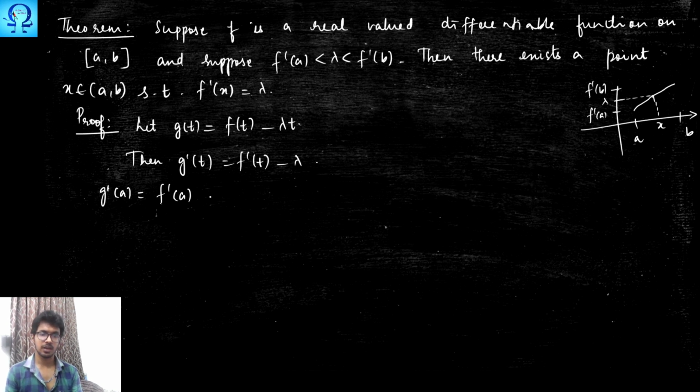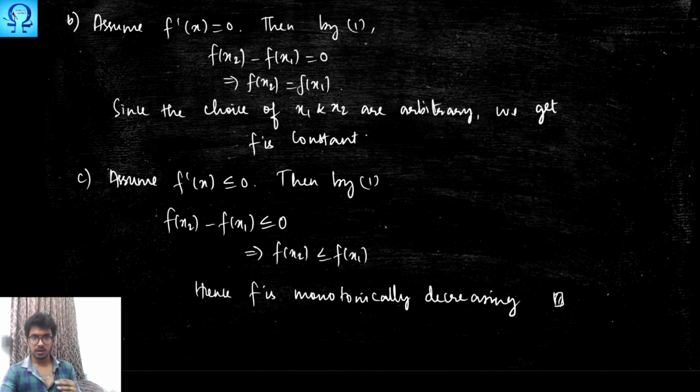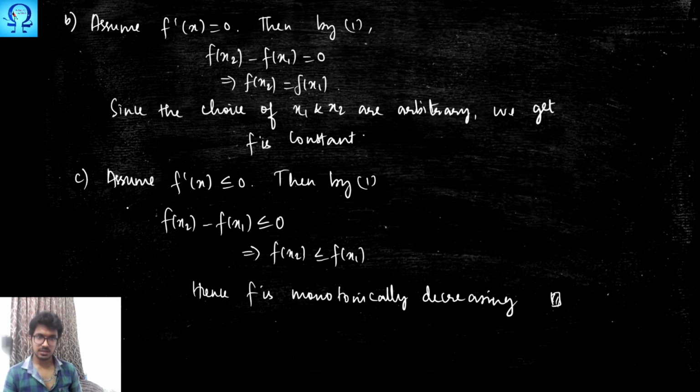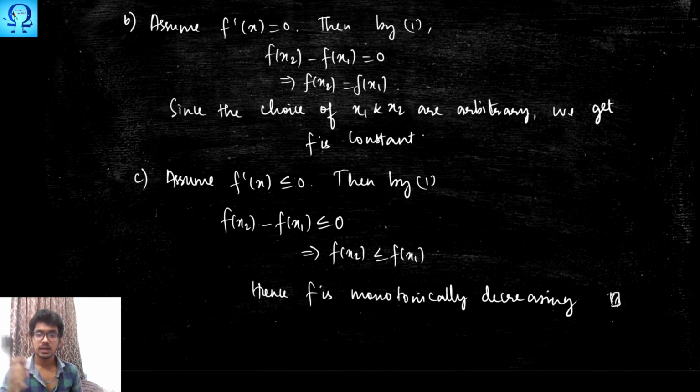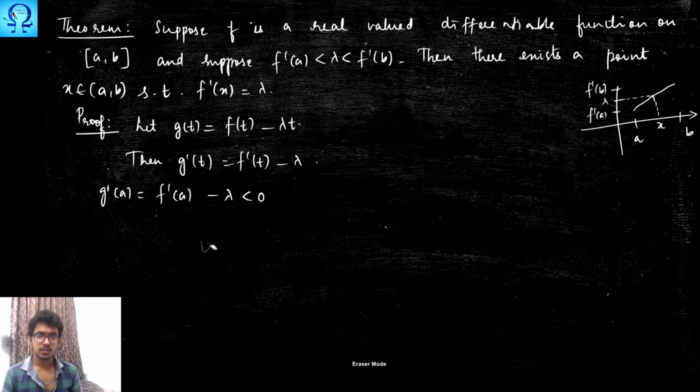This is f prime of a minus lambda. From this it is clear that f prime of a minus lambda is a negative quantity. So in the previous theorem, what have we seen? If this is less than or equal to 0, then we get the function to be monotonically decreasing.